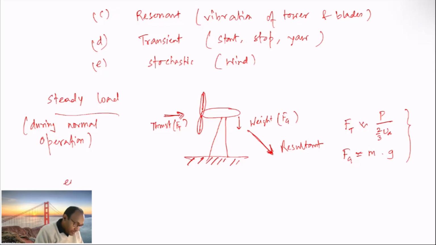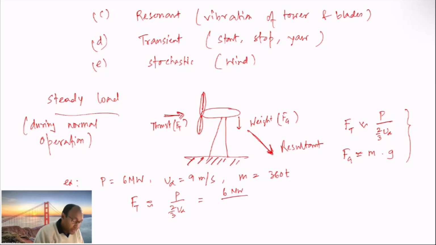So let's say, for example, you have power of 6 megawatt, your U infinity is 9 meter per second, and your mass is 360 ton. Okay. Then T would be P by 2/3 U infinity. So essentially 6 megawatt by 2/3 into 9. So this would be 1 mega Newton.